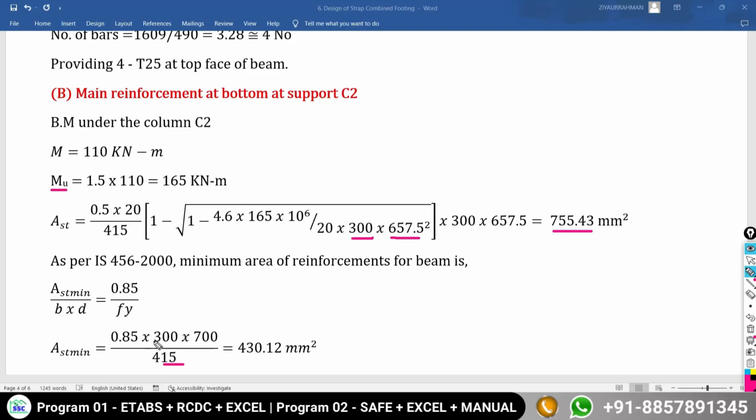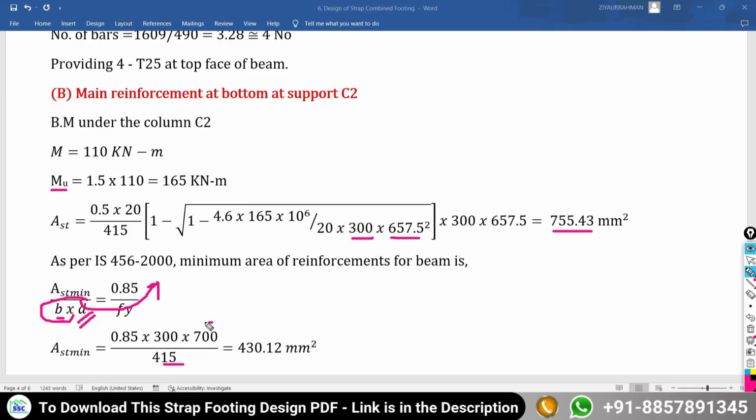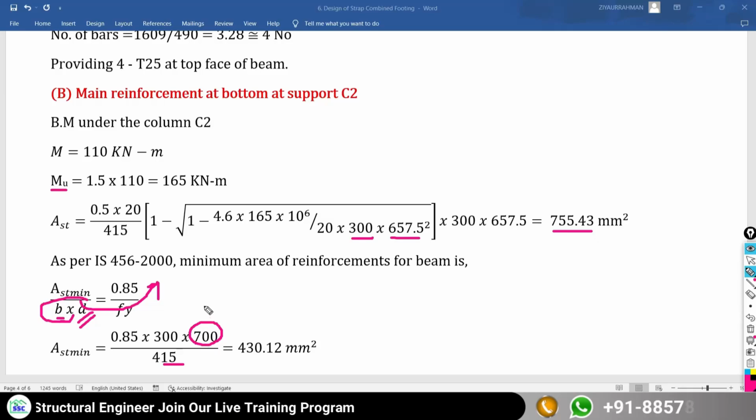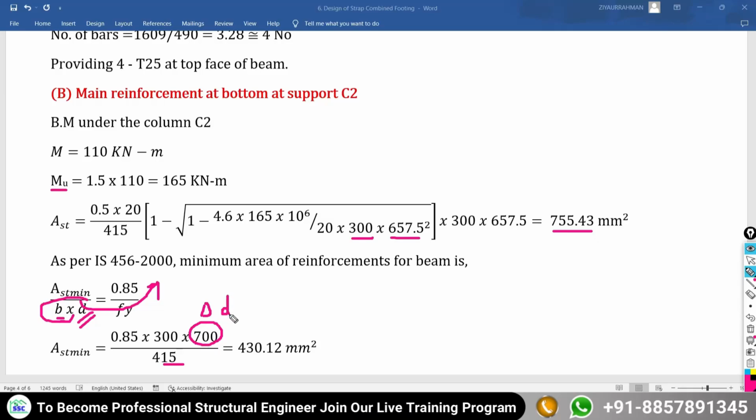Now here, as per IS 456-2000, it is suggested to provide a minimum area of reinforcement for the beam as 0.85 multiplied by width, multiplied by depth, divided by fy. So it is 300 width multiplied by either the effective depth or the overall depth. Both are okay, not much difference. Here, effective depth is given, but instead of that I am going to consider the overall depth. If you consider the effective depth, that would also be right.